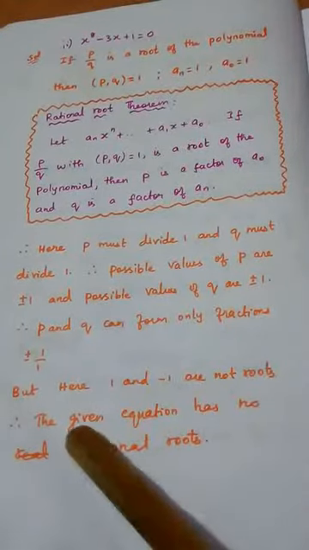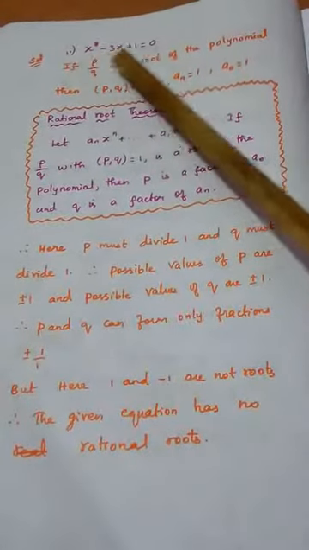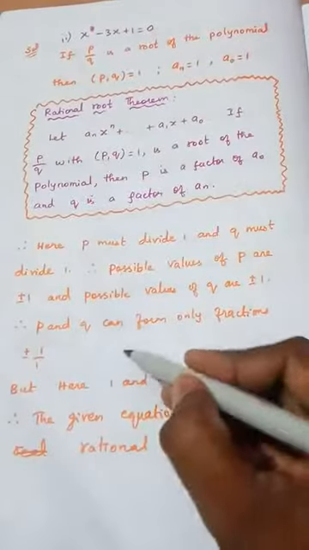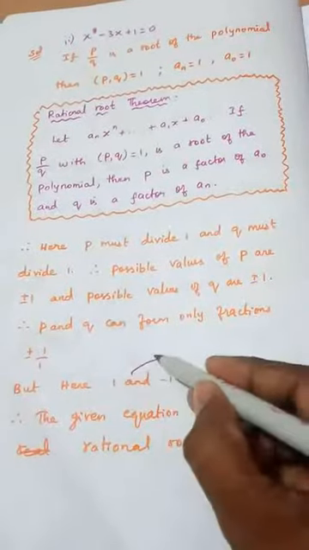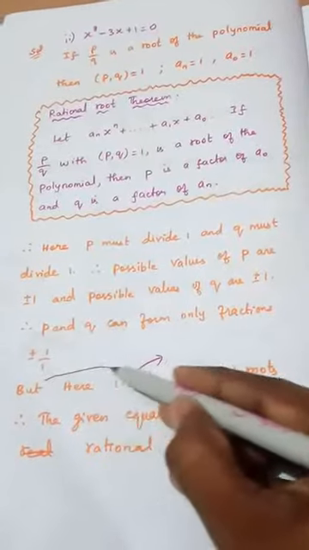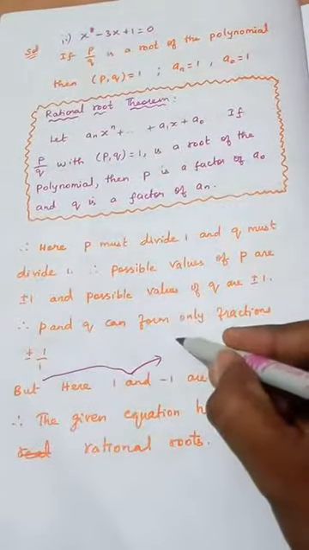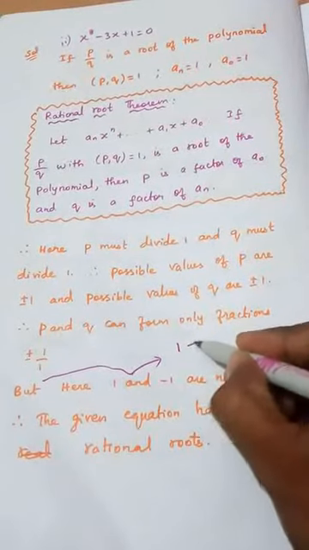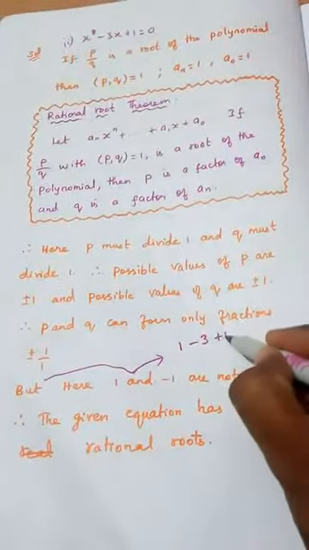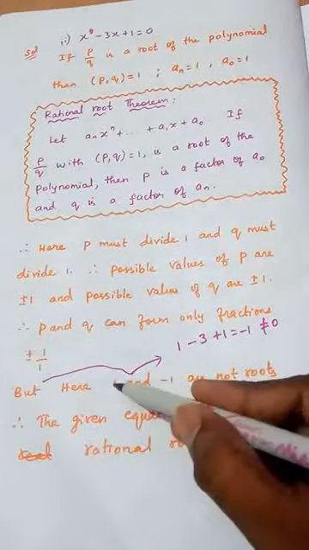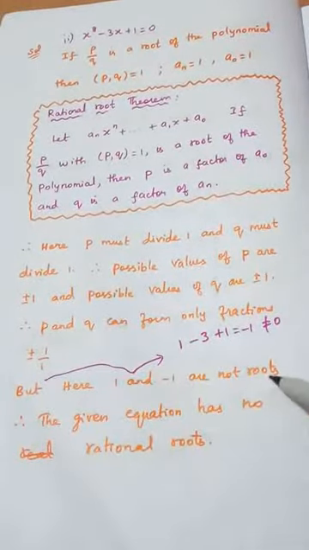But it is not possible, because see the question, find the sum of coefficients. For this I am writing the reason. What is the reason? The sum of coefficients is what? 1 minus 3 plus 1, which is not equal to 0. Therefore 1 is not a root.